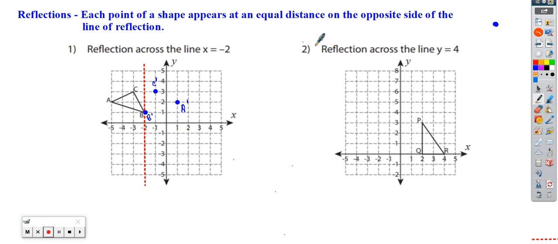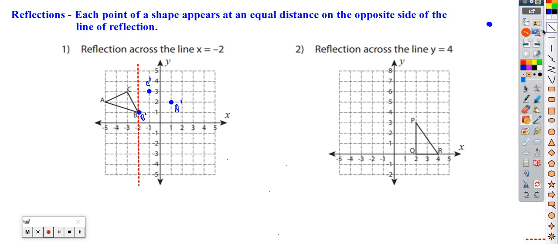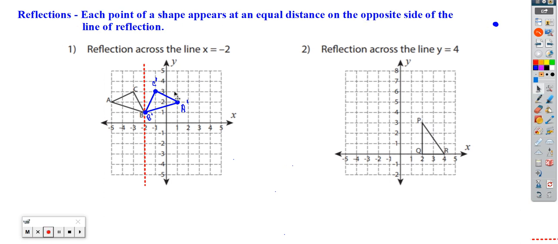Now all I need to do is connect my points. You get a nice straight line here. I'm going to connect my A and B. All right, so now I have my reflected image.